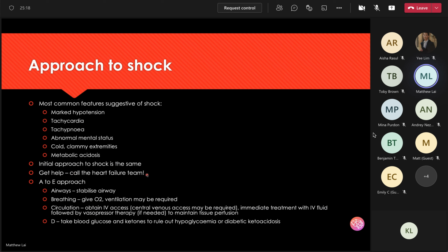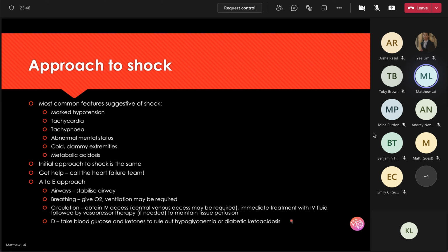And then once you've gotten help and gotten the patient on that pathway, you're going to start your A to E approach. You're going to try and stabilize their airway. You're going to give them oxygen. And importantly, in case of shock, you need to obtain IV access, because you're going to immediately give them IV fluids, followed by vasopressor therapy, depending on if it's needed, to maintain tissue perfusion.